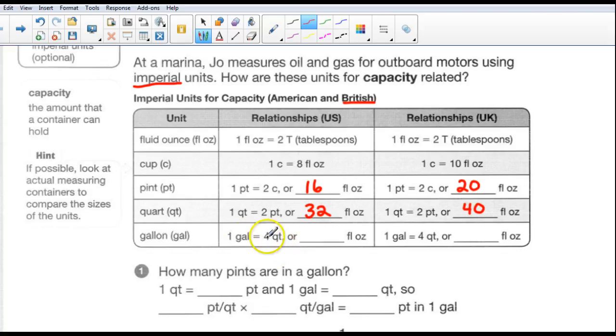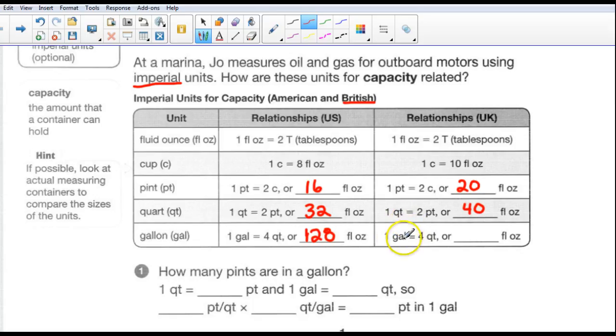Now, 1 gallon is 4 quarts. Well, 1 quart is 2 pints, and 1 pint is 2 cups, so 4 quarts must be 4 times 32, which is 128 fluid ounces in the American system.